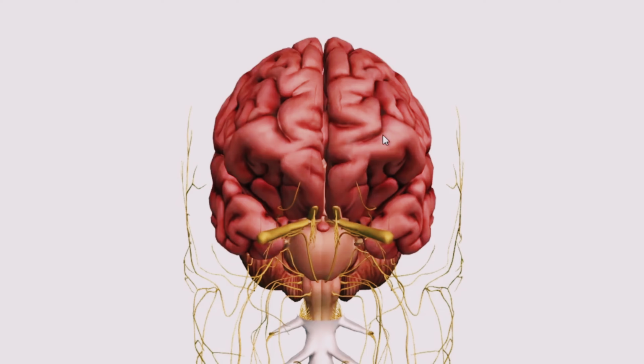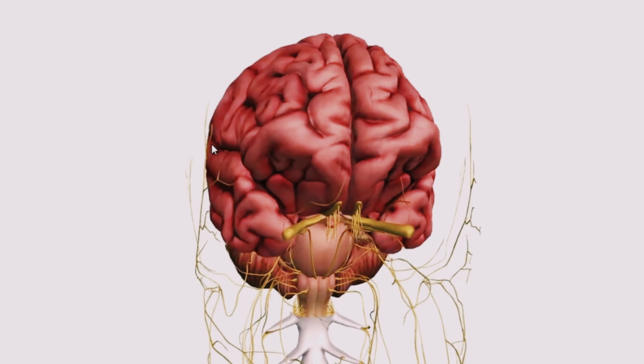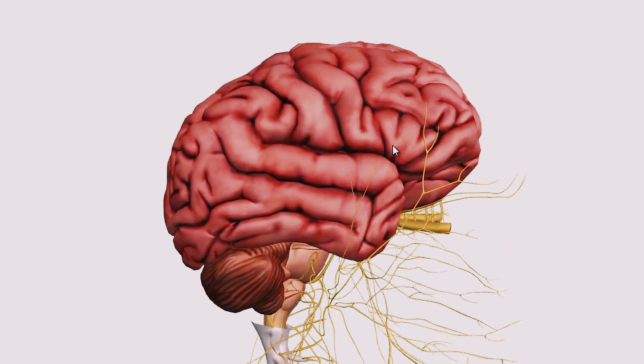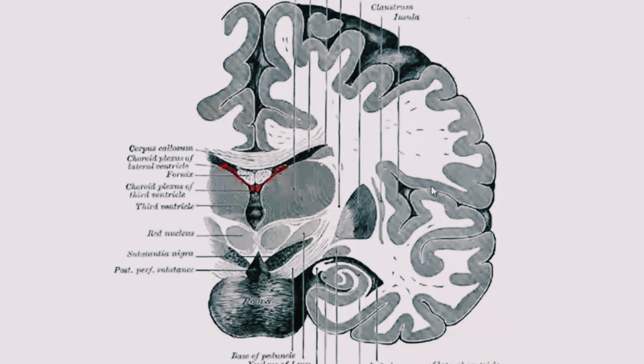So I'm just going to rotate the brain around, and I'm going to switch to a diagram to illustrate the cerebral cortex. Imagine just cutting the brain through this axis here. So we're going to take a slice of the brain down here. So we're looking at this cross section of the slice we've just taken.